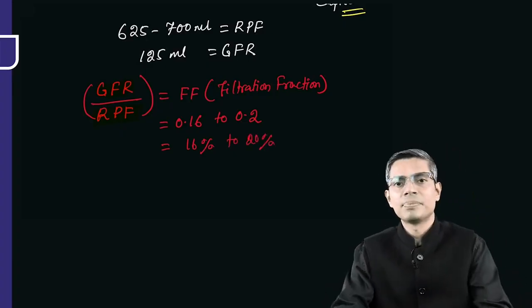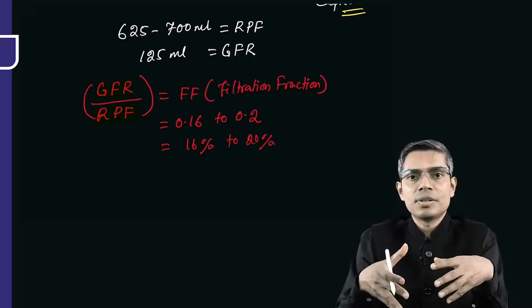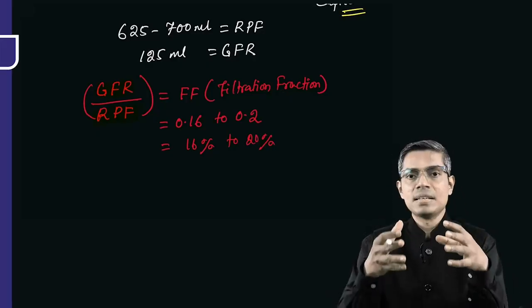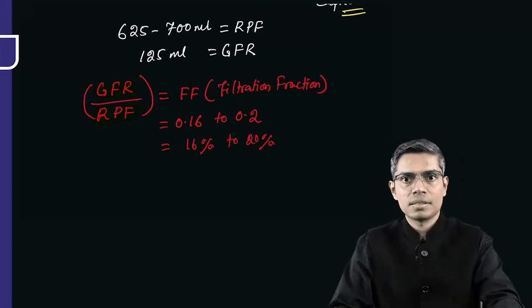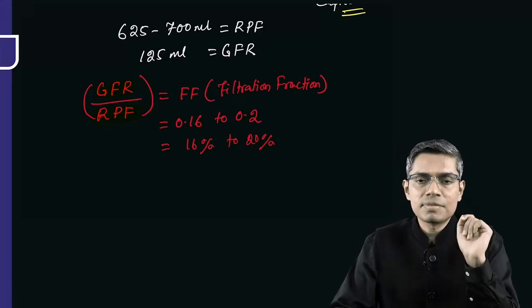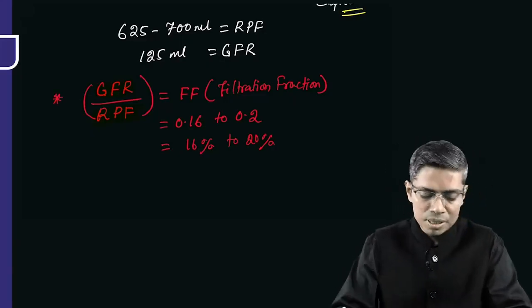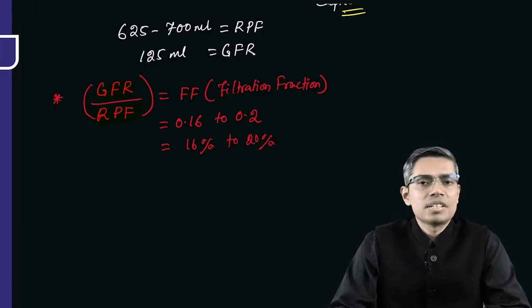What is the meaning of that? The meaning is that in 1 minute, of whatever amount of plasma is entering your glomerular capillary, only 16 to 20% of the plasma will get filtered in 1 minute. That is the meaning of this filtration fraction. So filtration fraction is an MCQ. You have to remember that GFR upon renal plasma flow is nothing but your filtration fraction.